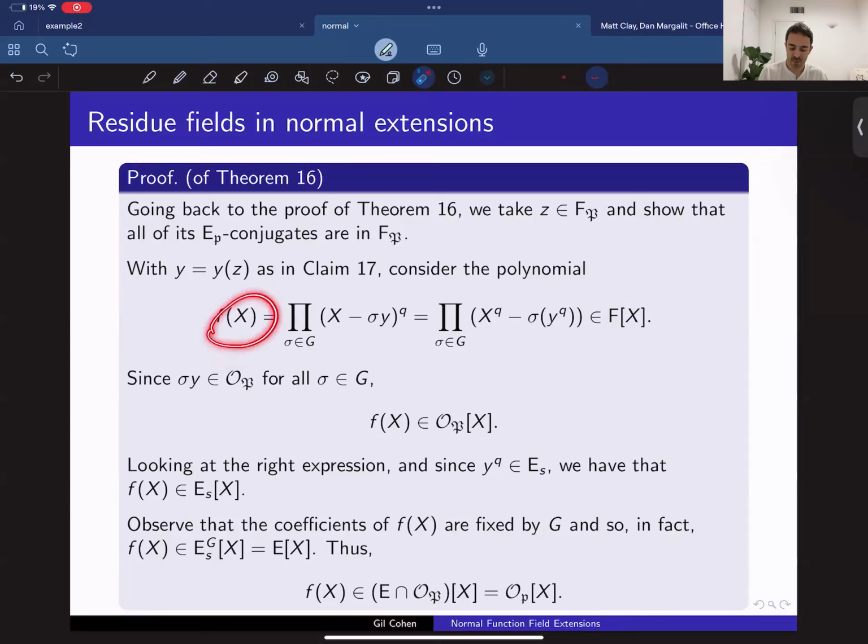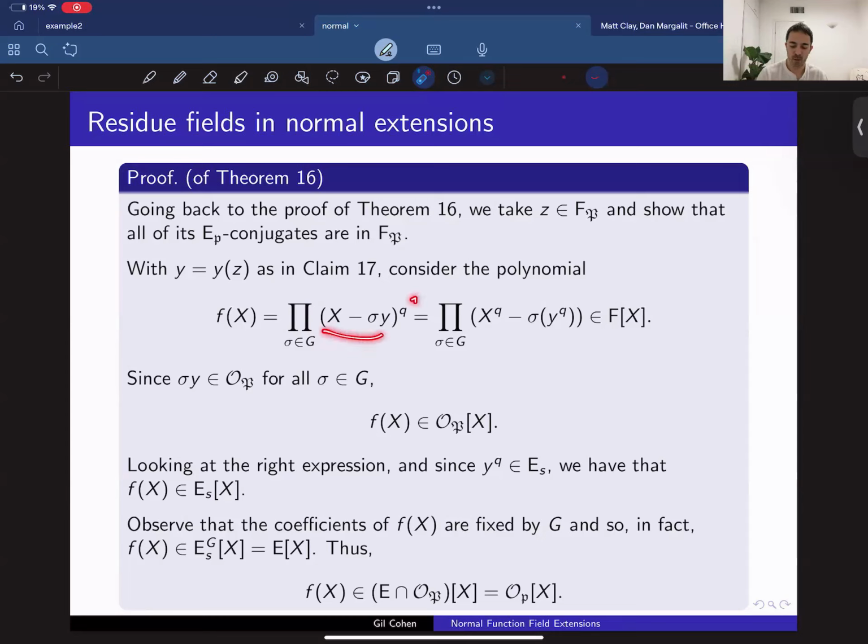So I'm going to define f of capital X to be the following. I'm going over all sigmas in G, okay? And for each of them, I have the following factor: x minus sigma y, where sigma acts on y.